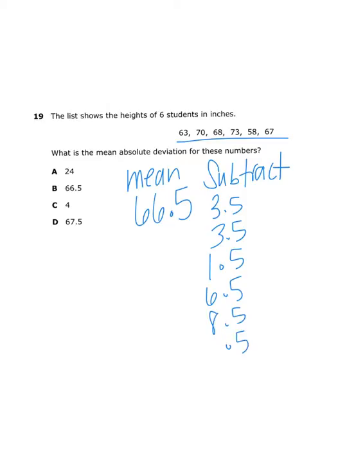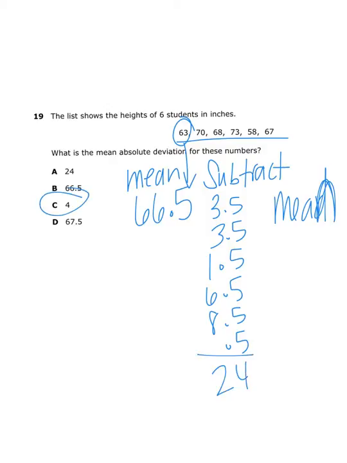You're subtracting all of these numbers from the mean, like one by one. After that, you find the mean again of your new numbers, and when you do that, you would get 4, because this adds up to 24 divided by 6 gives you 4.